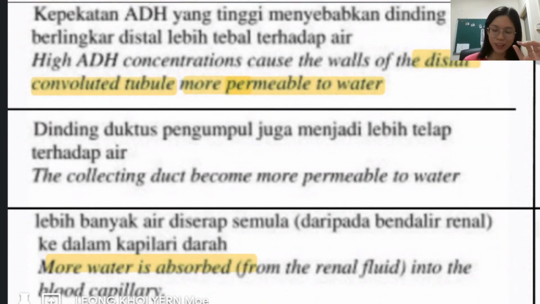They separate this into 2 points to get 2 marks. Sometimes the mark scheme is very good, but this one is very hard to say, because you don't know how the mark scheme will be. If you mention distal convoluted tubule and collecting duct being more permeable to water, maybe they just give you 1 mark only.